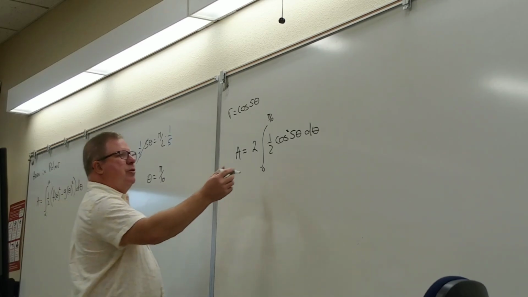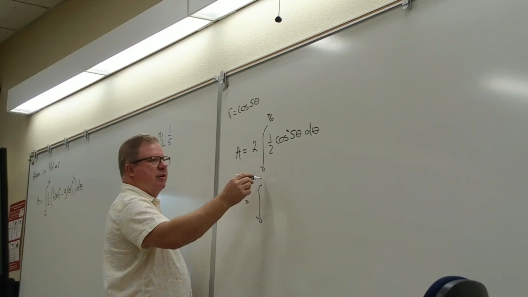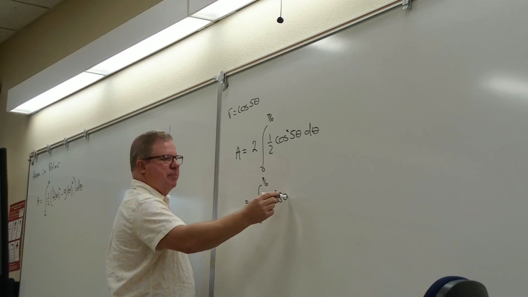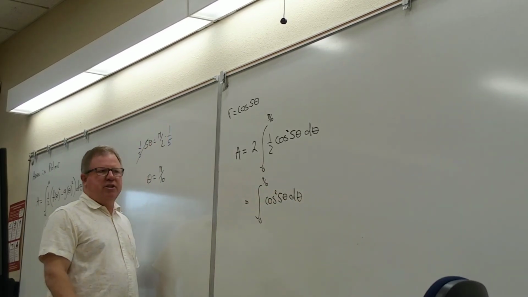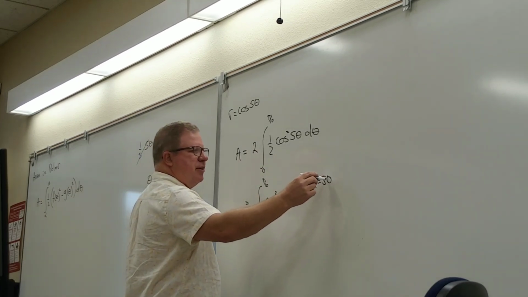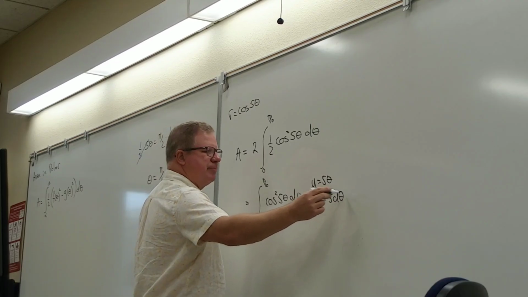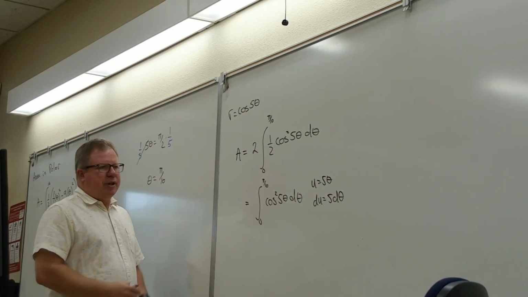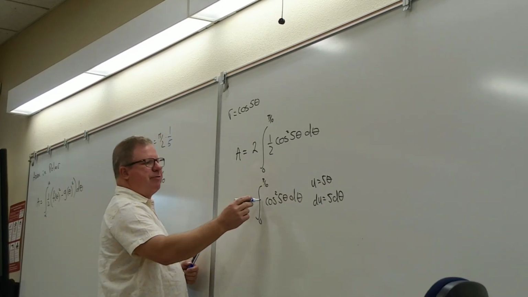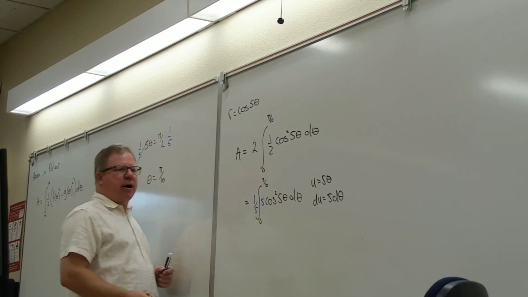All right, here we go. Bring out the half, that cancels with the 2. We're going to need to do a u substitution. We will let u equal 5 theta. du will be 5 d theta. So that means we need to get that 5 d theta, we need to multiply by a 5 in here, which we'll have to counter with a 1/5 on the outside.